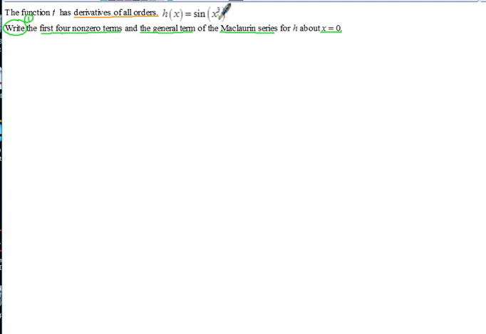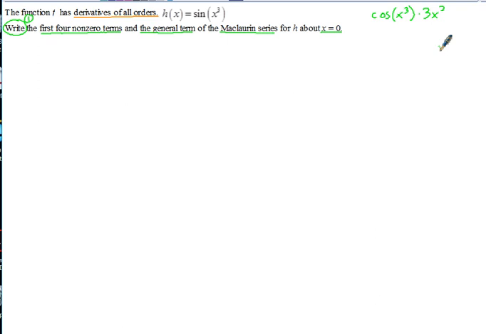You just use the chain rule, and you get cosine of x cubed, derivative of the outside, times the derivative of the inside, 3x squared. But then to get the second derivative, you have to use the product rule, and then there'd be 2 terms. To get the third derivative, you have to use the product rule twice. So it's doable, but it's very time consuming.